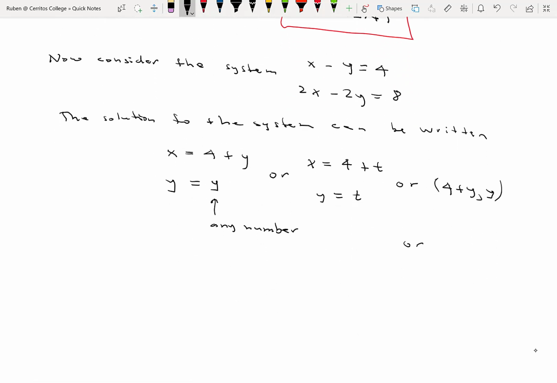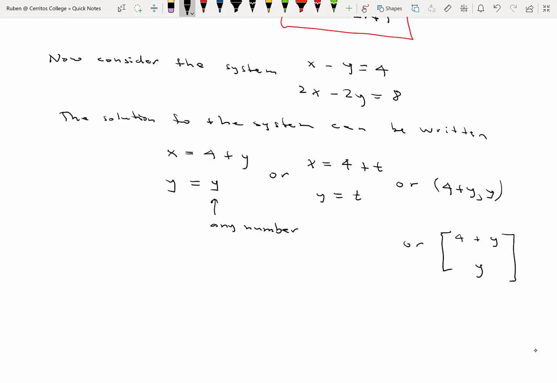You could also write the solution in a way that you may not have seen yet. You can write it in terms of one of those matrices, 4 plus y and y, in this sort of 2 rows and 1 column matrix. Okay, and we'll see the solutions written in all 4 ways in our course.